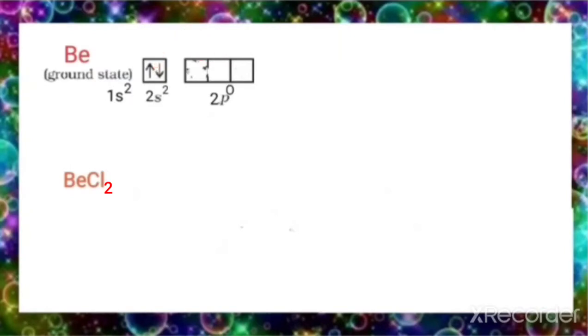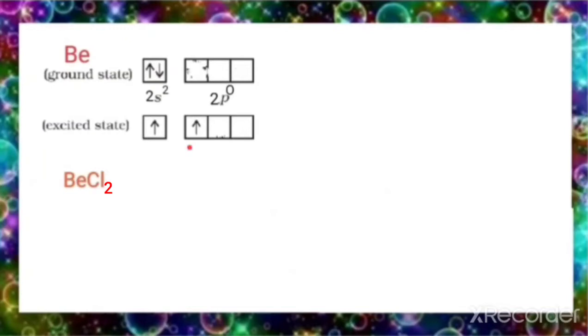So in the excited state, one of the electrons of 2s is promoted to the vacant 2p orbital. Now we can see there are 2 single electrons that can be easily shared with 2 chlorine atoms.